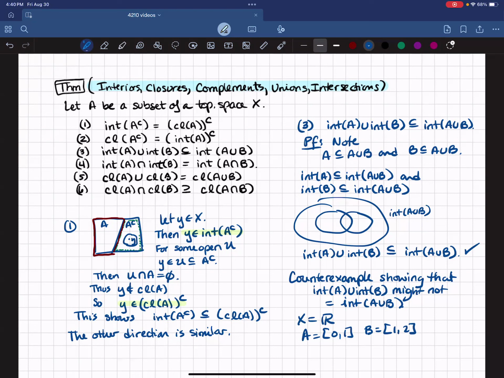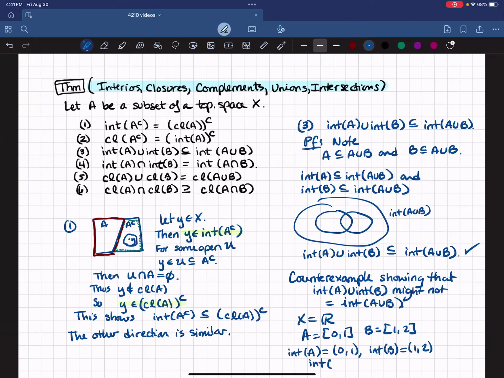Then the interior of A is the open interval from 0 to 1. The interior of B is the open interval from 1 to 2. Let me just fix that because I wrote it wrong. The interior of B is the open interval from 1 to 2.